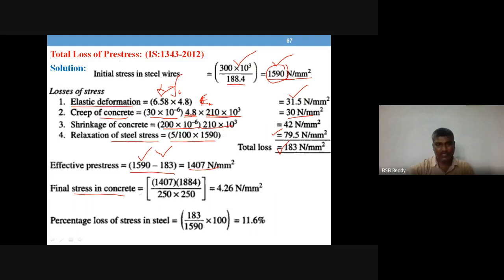Final stress in concrete is stress into area, 188.4, divided by the cross-sectional area of concrete. The remaining force divided by area is coming to 4.26. Okay, final stress in concrete. And percentage loss is 183 divided by 1590 into 100, so 11.6% is the loss of pre-stress.